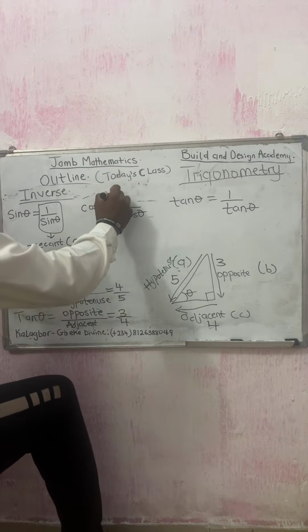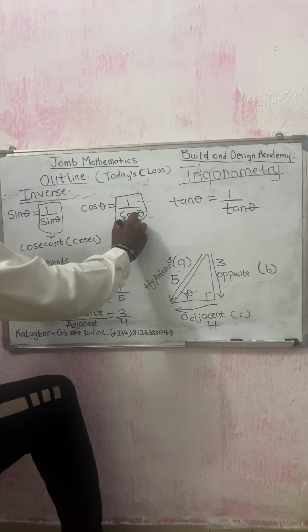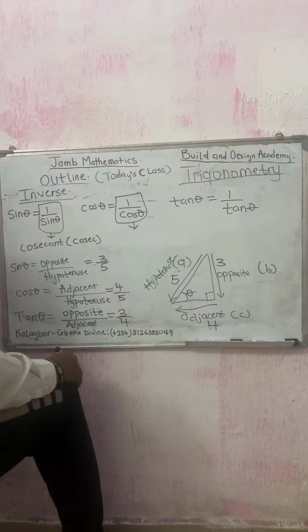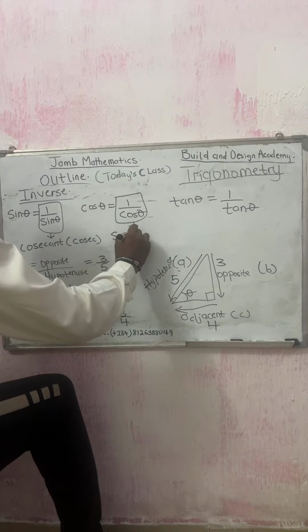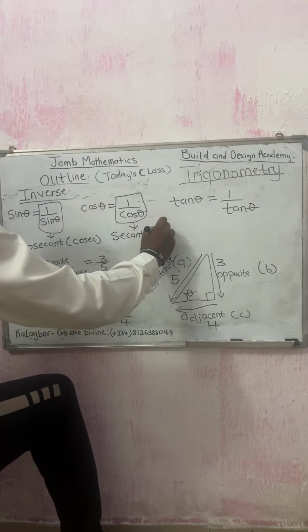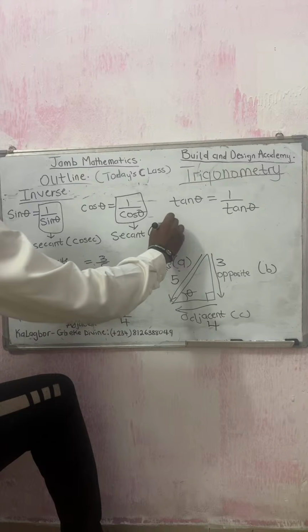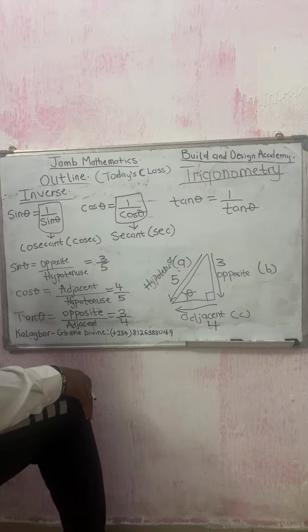Then for cos theta, the inverse, which is 1 over cos theta, is known as what? Secant. And we can put the short form as sec.